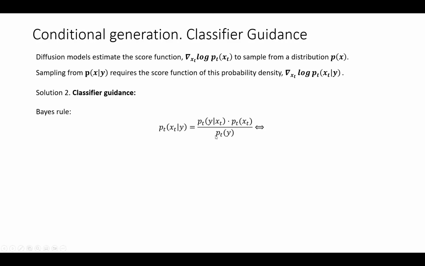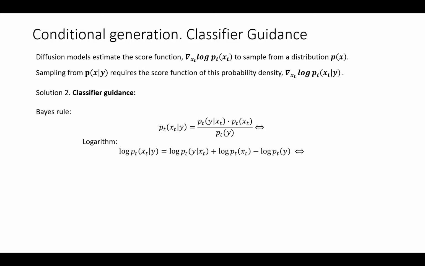Typically this is called the prior probability, this is called the posterior probability, and these are the other terms: the probability of xt, the probability of y. That's a very standard thing; Bayes rule, you should know this. In our case, y is the condition. It can be a class, it can be text, and so on. We want to manipulate this and come up with something interesting.